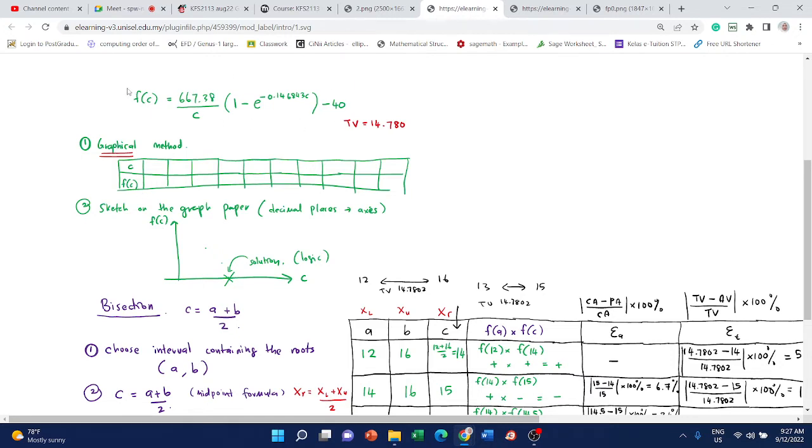In this f(c) function also, the true value is given. The true value is 14.780 something, but sorry, I don't remember how many digits. The true value is very long, so you are supposed to write down all digits for the true value.